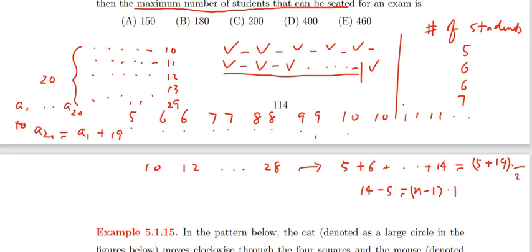D is 1. So we have 10 of them. Also, for the odd numbers, 11, 13, up to 29, we have 6 plus 7 plus up to 15, right?